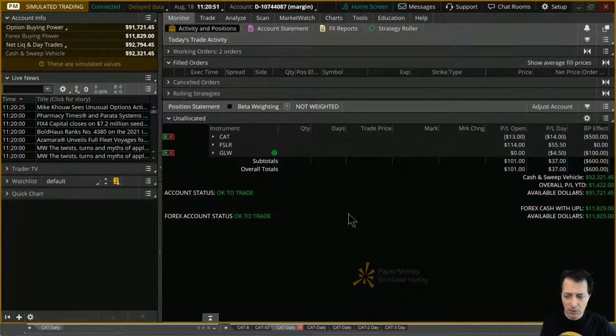So the way to approach this is to use a day order. You leave your orders for the whole day, so if anything happens during the day that allows you to get filled, then you do get filled. And if nothing happens, then that order is gone automatically at the end of the day. Okay, and that's it.